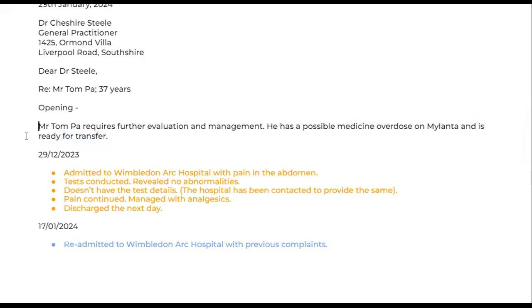This much is written. And remember, whenever you write the opening paragraph, what is to be decided before that? PRPPD or PRPPT. PRPPD means the patient is being discharged and is going home. PRPPT means the patient is being transferred under emergency.